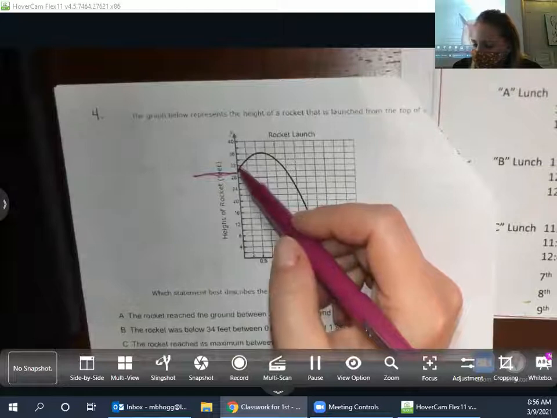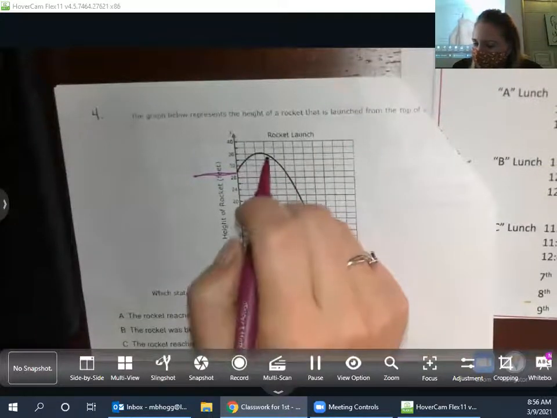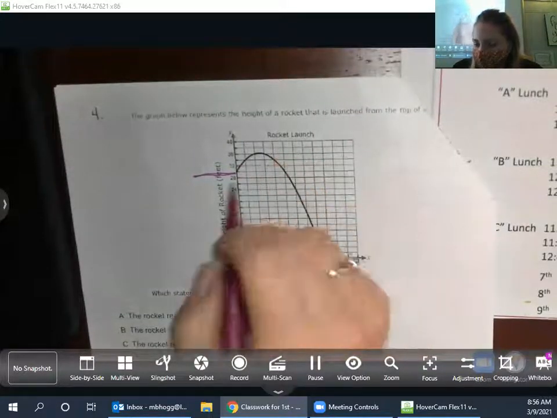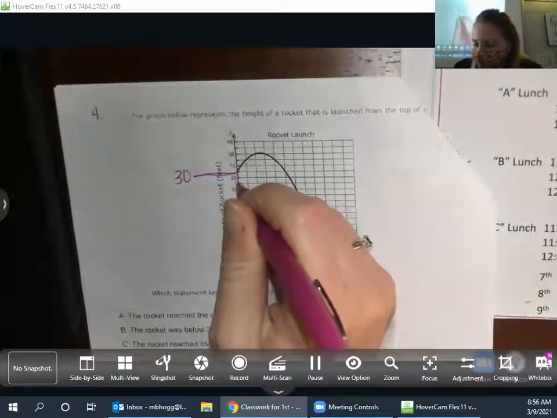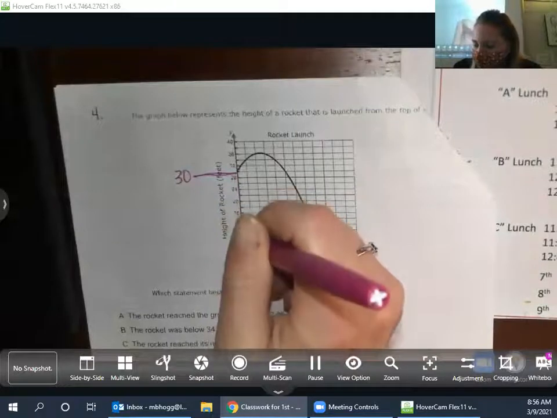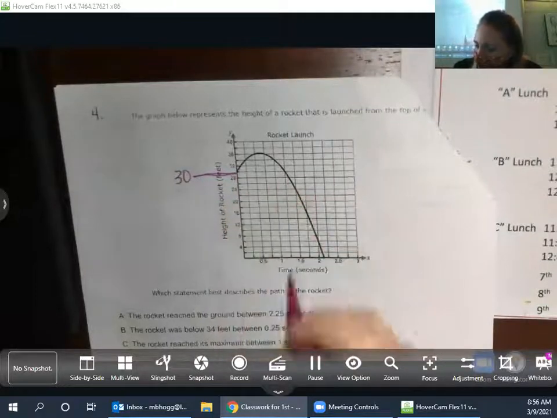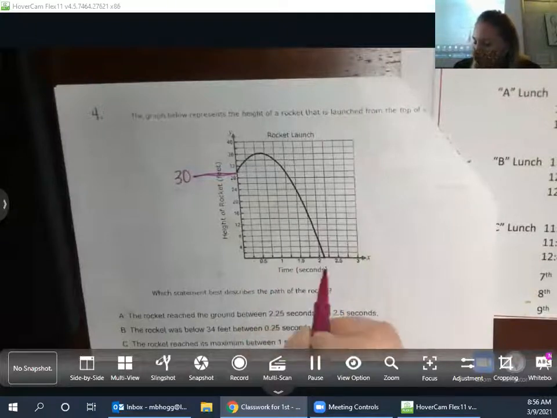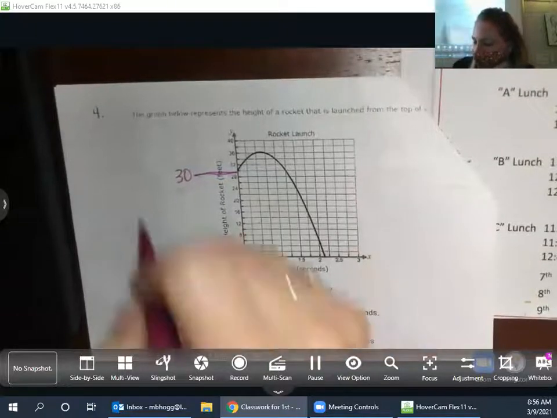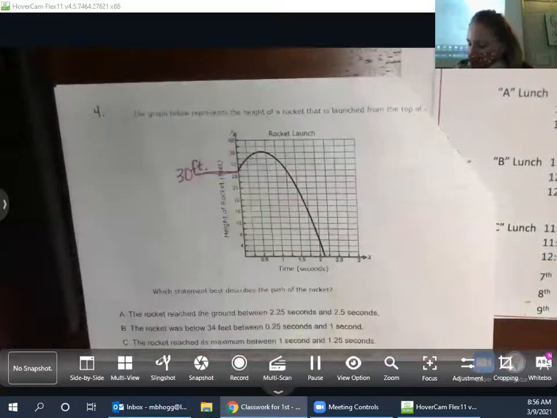Because on the STAR test, they are never just one, hardly ever, okay? So you kind of have to look at the rest of them and see, oh, each line is 2 meters apart, okay? On the seconds, down here, each line is 0.25, okay? So this is 30 feet.